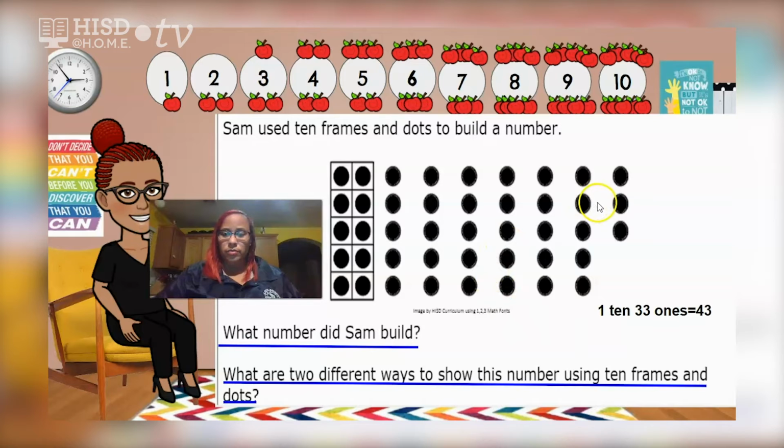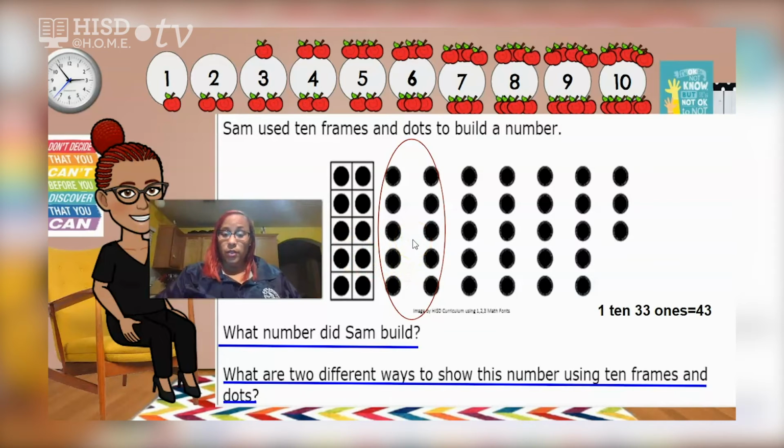Let's see. 1, 2, 3, 4, 5, 6, 7, 8, 9, 10. There's another set of 10. I'm going to put a circle around it to represent another 10 frame. So I know this is 10, 20.